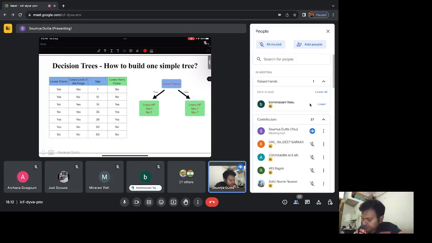So let's see what happens if you choose the first column, which is loves Titanic. Loves Titanic can either be true or false: true means yes, and false means no. Once you go on to this particular node, you will collect only those rows which love Titanic, and in that case, how many of them love Harry Potter and how many of them don't.